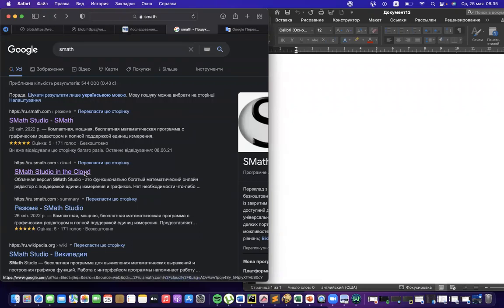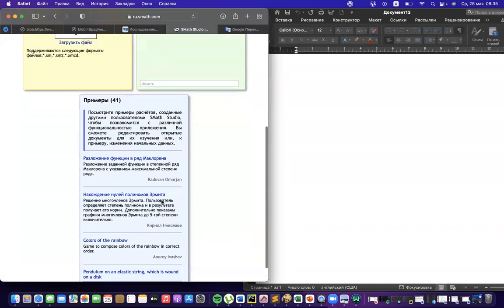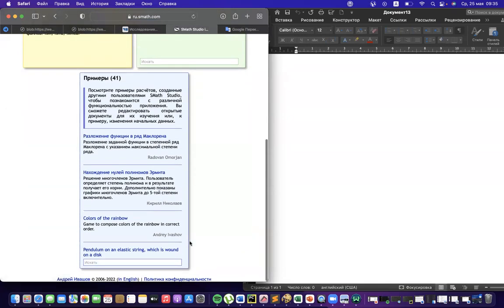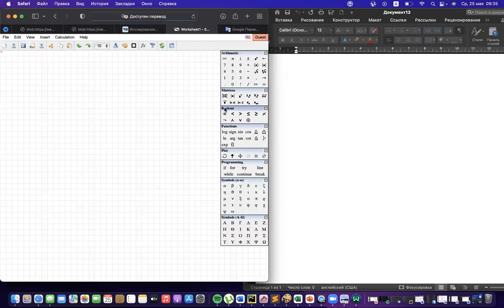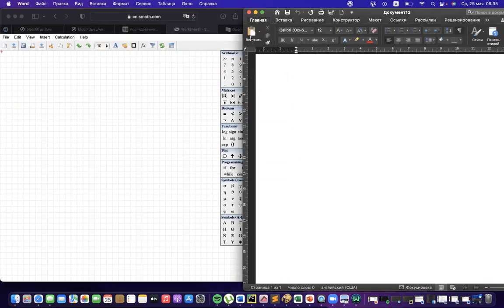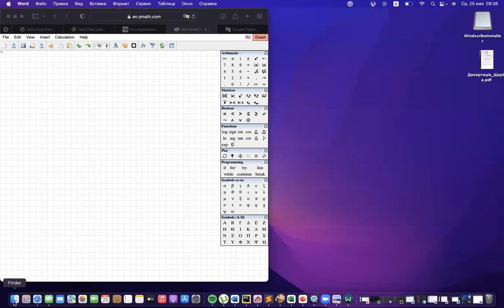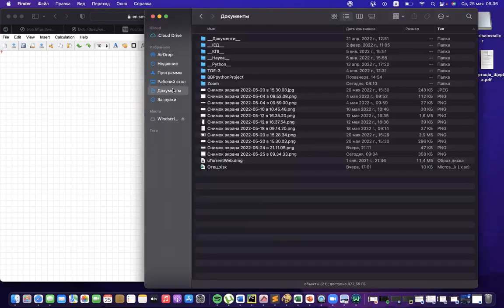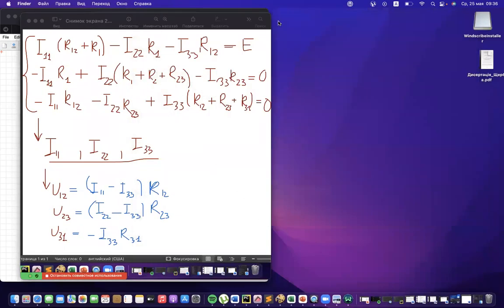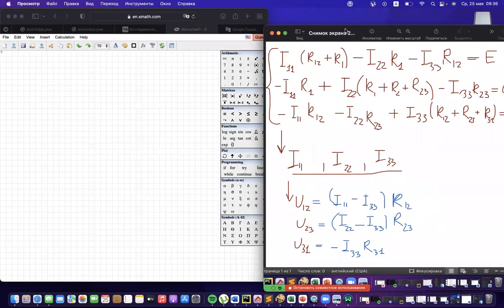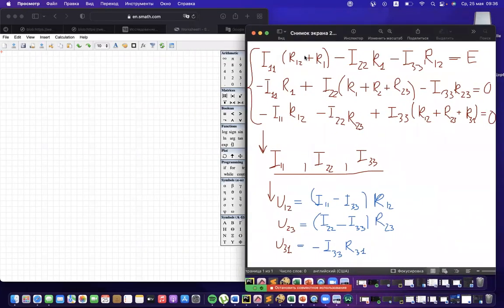Now it's working. SMath Studio, for example, the cloud version, you could switch to English at the lowest point of the website and start a new calculation. We will need it for our solution, our formulas, and filling in the numbers.